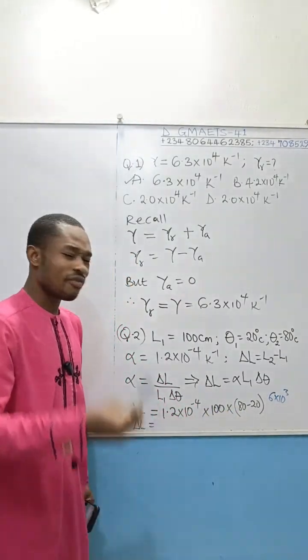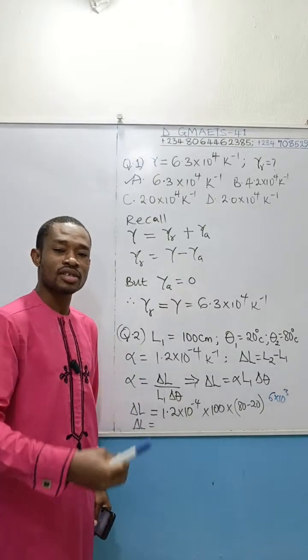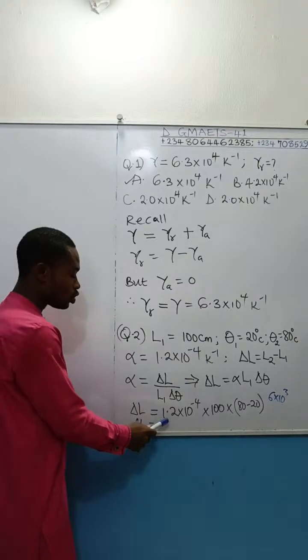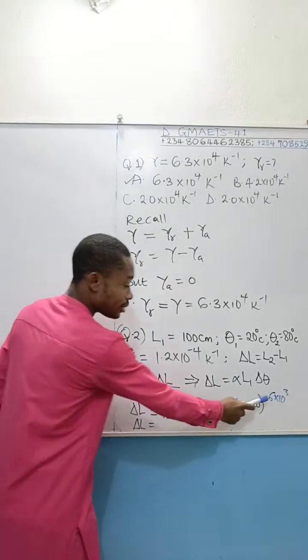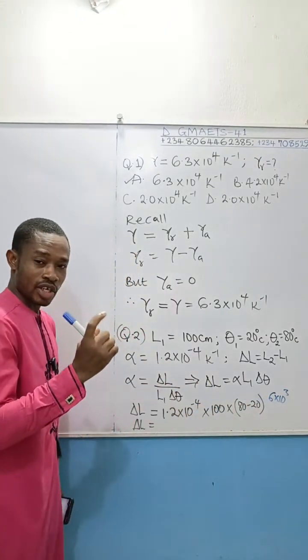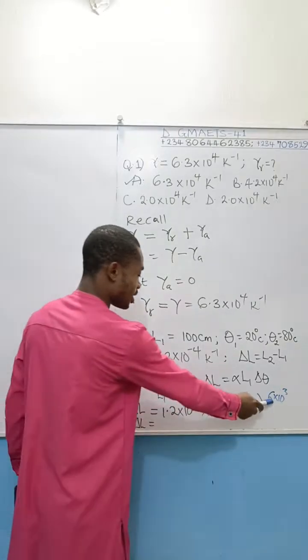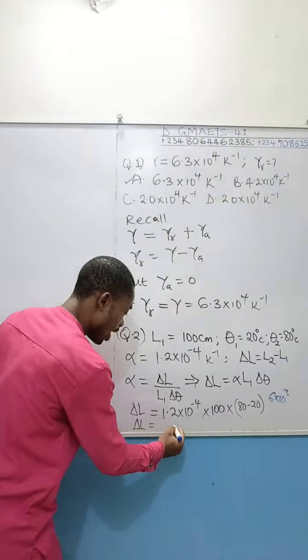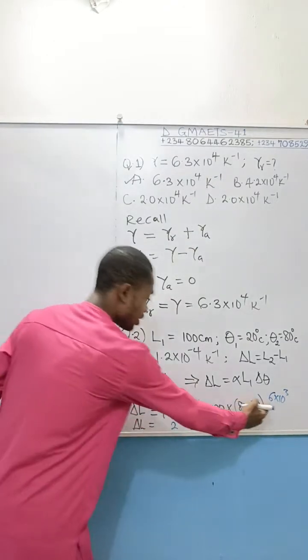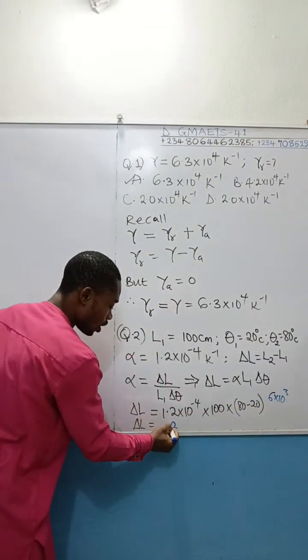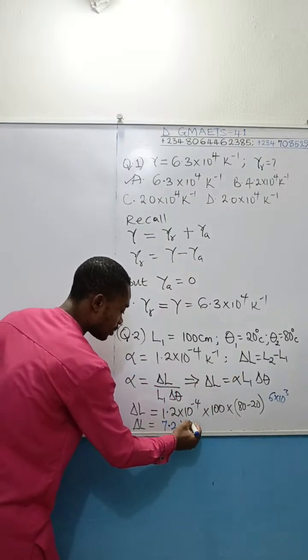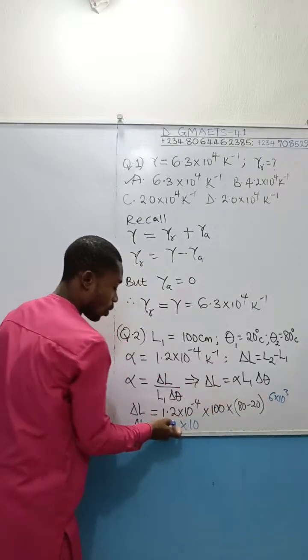If you're an examiner, the fastest thing to do is to convert that 6,000 to standard form, so that in multiplying, you will do 1.2 times 6. Those numbers that are not 10, multiply them. 6 times 2 will give you 12, so you write 2 and carry 1. Then 6 times 1 gives 6, plus the 1 you carried, you get 7. Then times 10, you've multiplied 6 by 1.2.